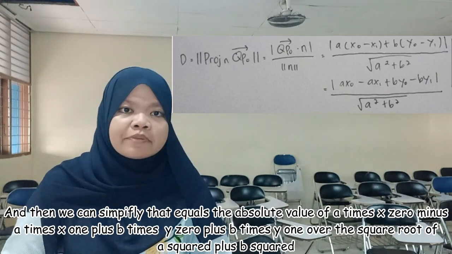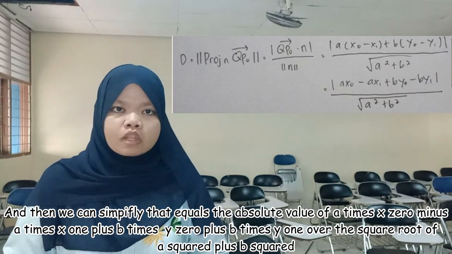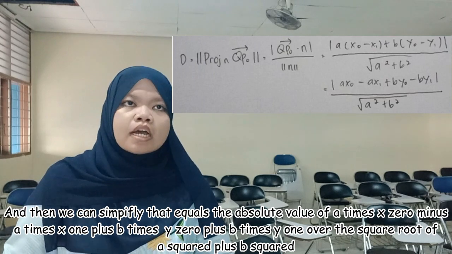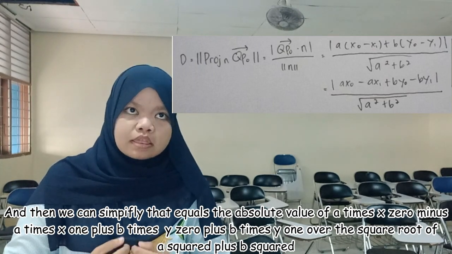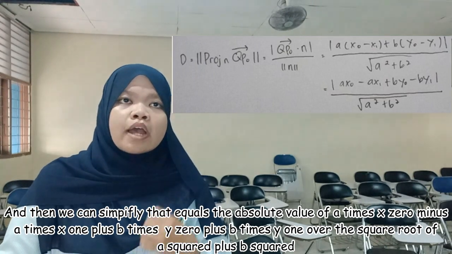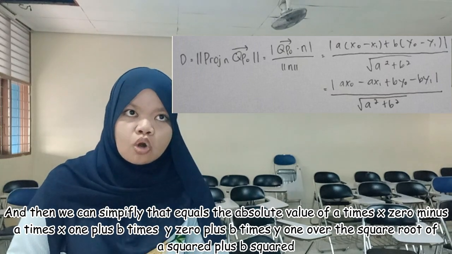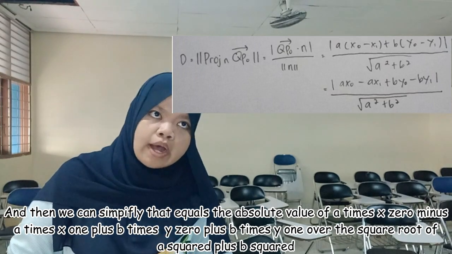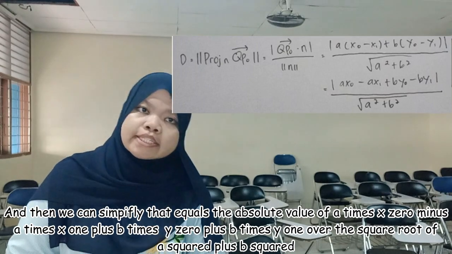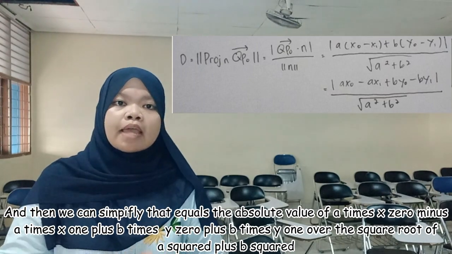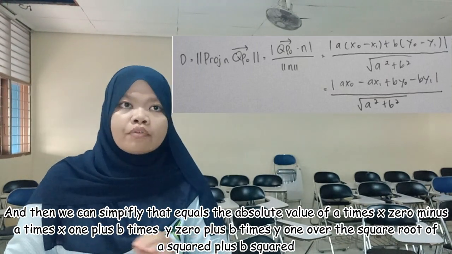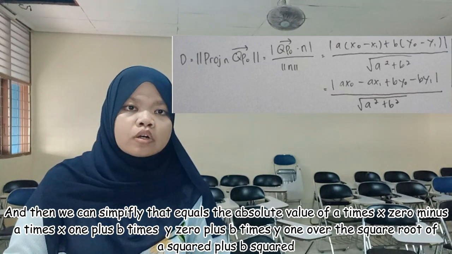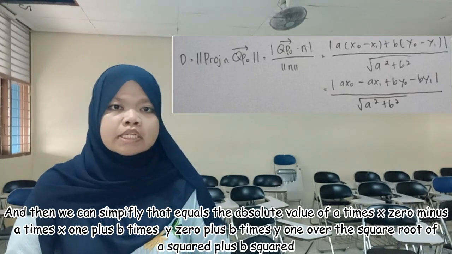We can simplify the formula. The formula will be equal to the absolute value of a times x0 minus a times x1 plus b times y0 minus b times y1 over the square root of a squared plus b squared.